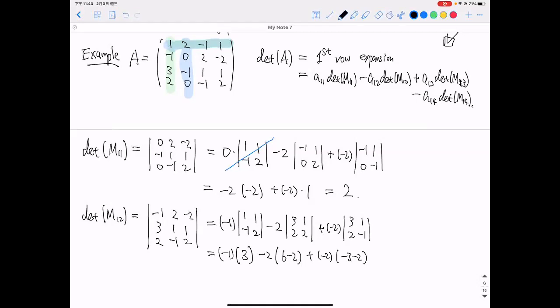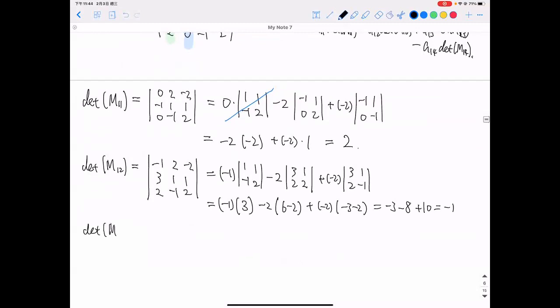Okay, so that's minus 3. 6 minus 2, that's a 4. So 4 times 2, that's negative 8. And here I have minus 5 times minus 2, so that's a plus 10. So negative 11 plus 10 is negative 1. Okay.